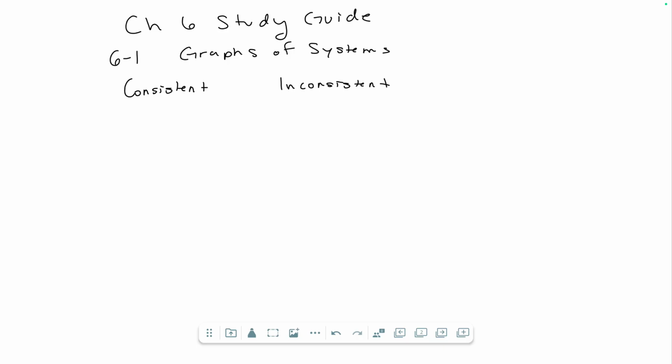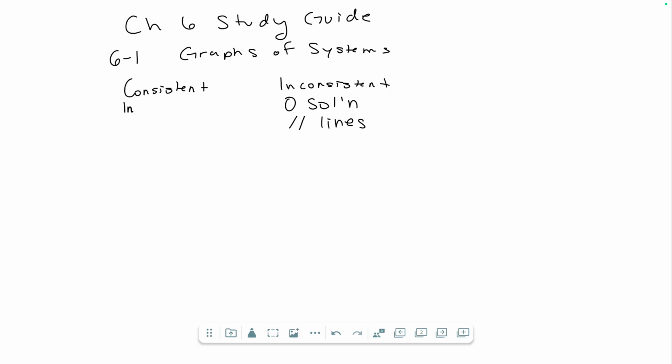Now, inconsistent systems is the easy one to remember because an inconsistent system has 0 solutions. Okay? This means that the lines are parallel. Okay? But with a consistent system, there are 2 different types of systems.